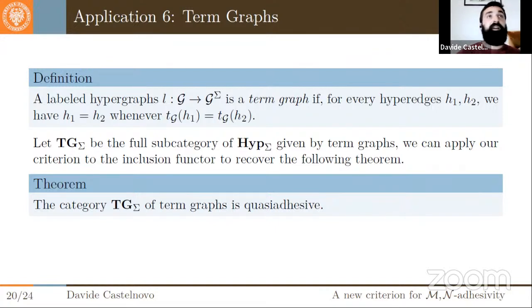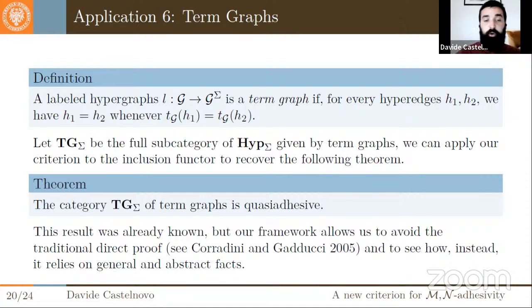So they are basically monomorphisms which send nodes which are not in the image of the target arrow into nodes which are not in the image of the target arrow. And so in this way, you can explicitly describe pushouts.